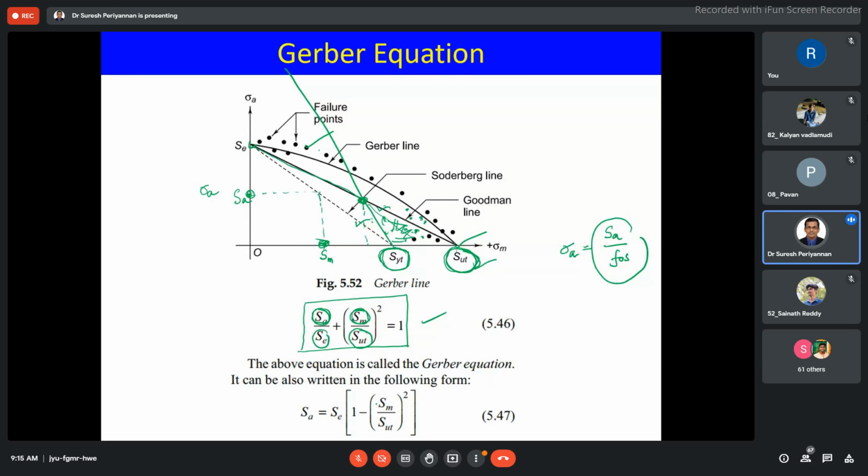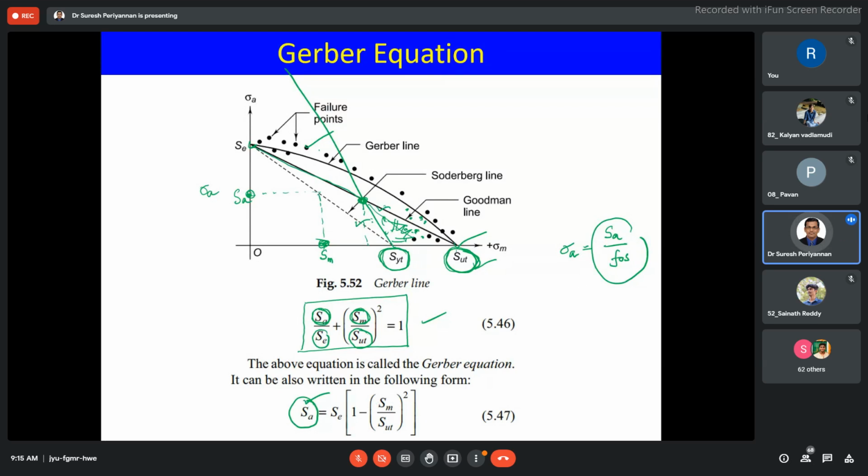That is true, right? When you use Gerber theory, your stress amplitude is high. For example, this SCA is a high stress amplitude. When you design the component based on this stress amplitude, the dimension of the component is going to be more.